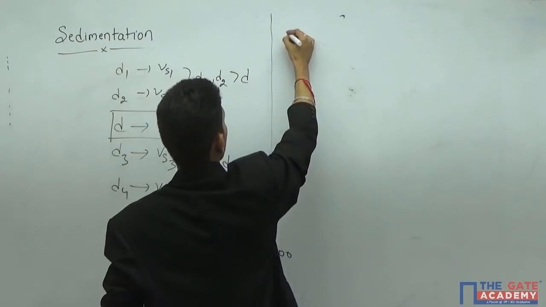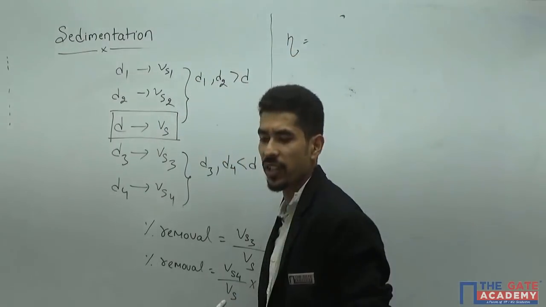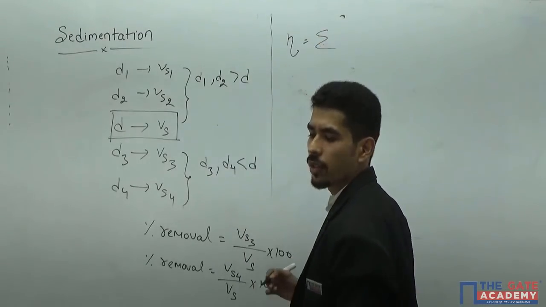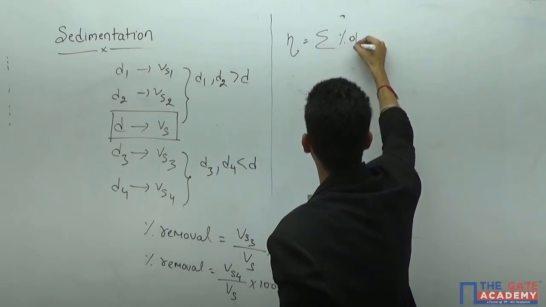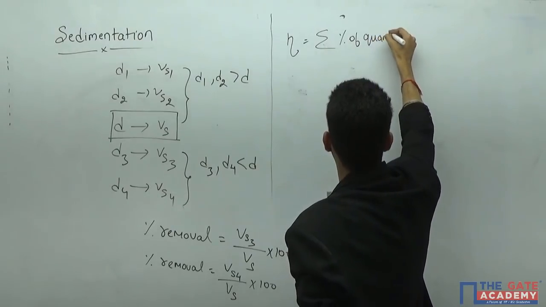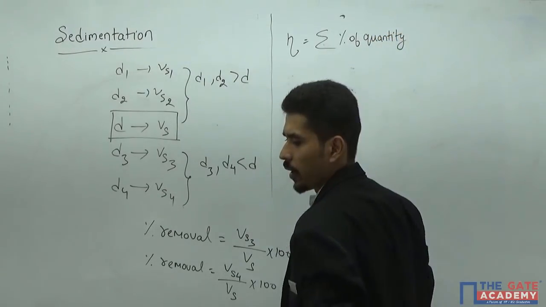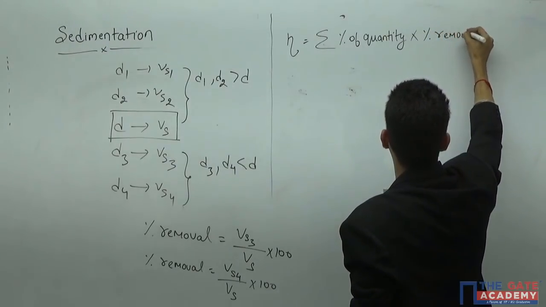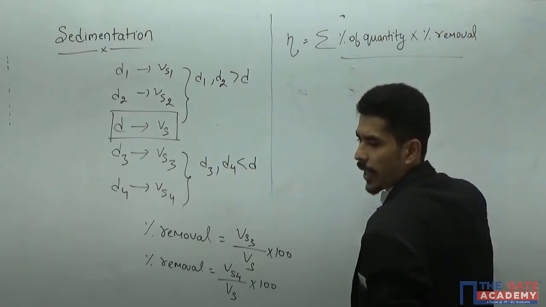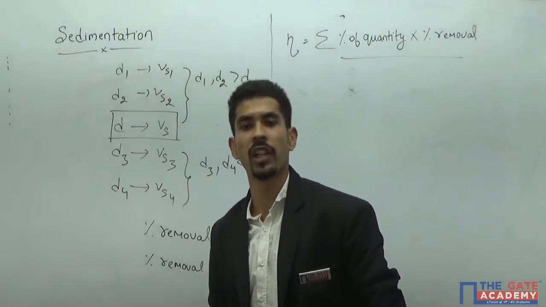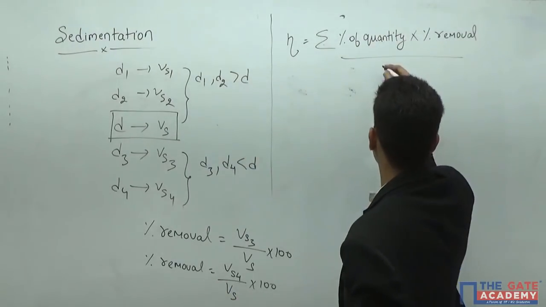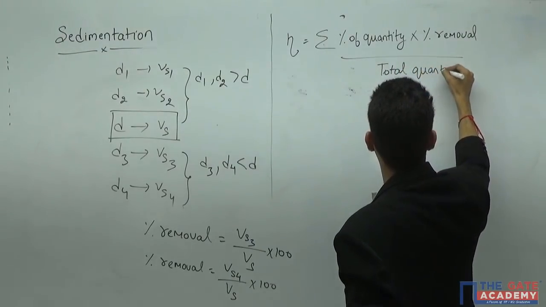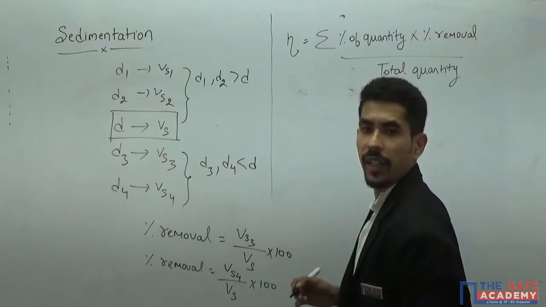For the final expression, the final efficiency will be given as the summation of percentage quantity into percentage removal, divided by the total quantity, into 100.